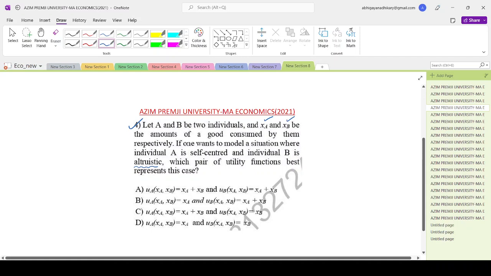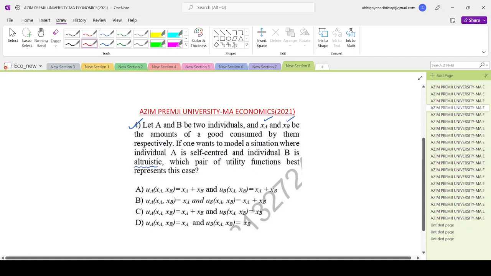Okay, so what do you mean by altruistic? Let me just have a recap of that. Altruistic means basically you care about the consumption of the other individual as well. That means, simply speaking, in terms of utility functions, for agent B, XA should also be there.